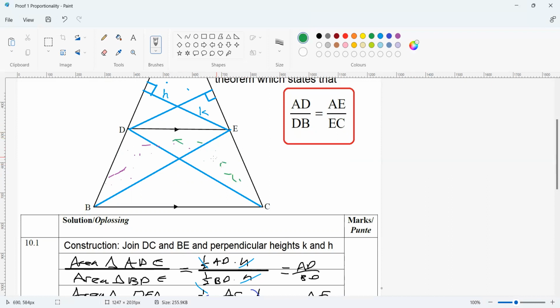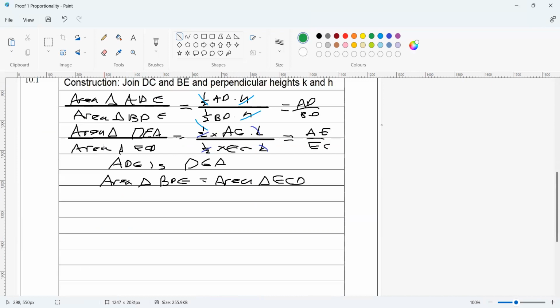But what we can notice is that we have the same base and they're between the same parallel lines. So that's why they're equal. Same base, equal heights. Same base is the reason.